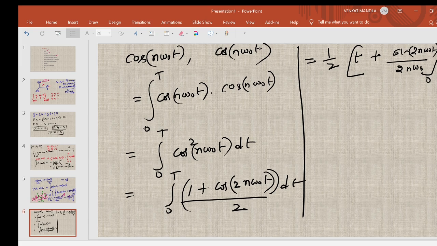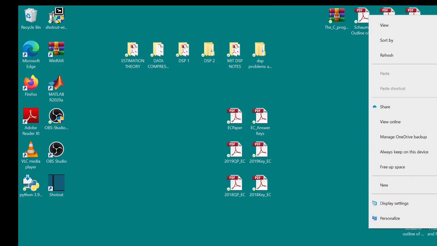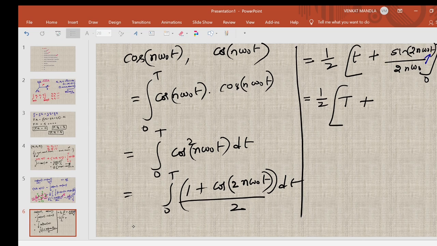From 0 to capital T. Now 1 by 2, substitute capital T here. This is capital T, and in the sine, in place of t, substitute capital T. You will get 2 pi by omega naught, omega naught cancels, and you get sin 4n pi.